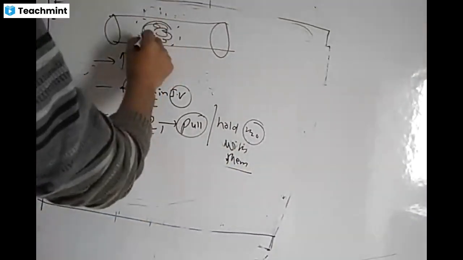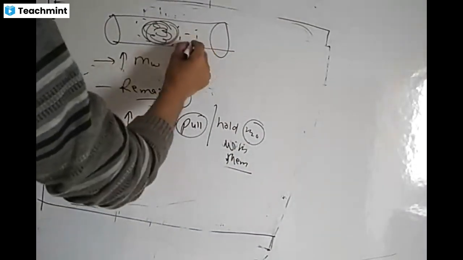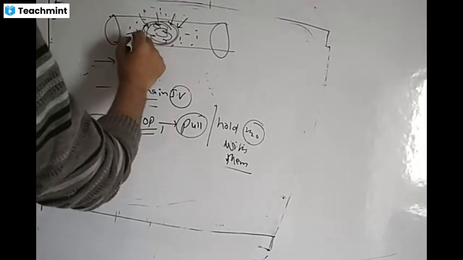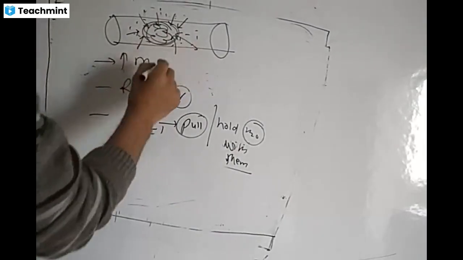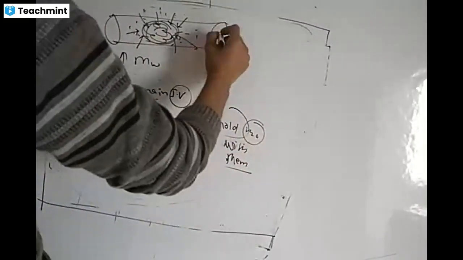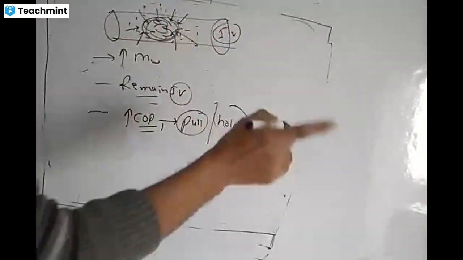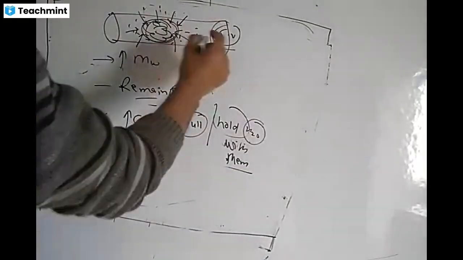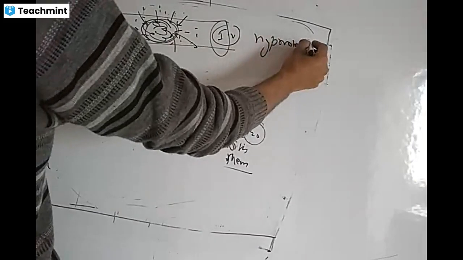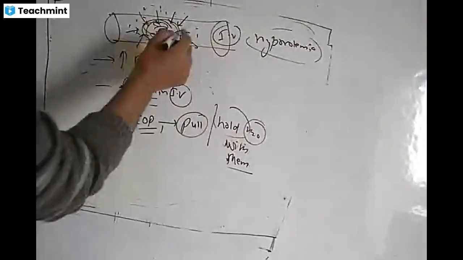So if we are using a colloid molecule, because of the osmotic pressure, it attracts the water molecules, or in other words, it holds the water molecules within the intravascular compartment only.